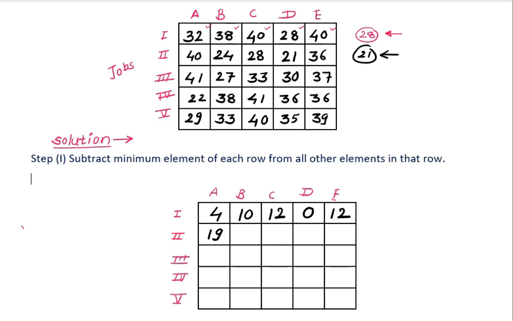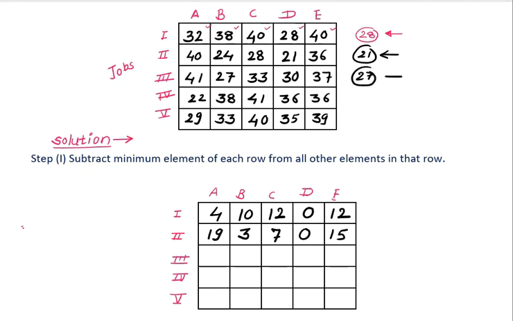Then 24 minus 21 is 3. 28 minus 21, 7. 21 minus 21 is 0. 36 minus 21 is 15. Then what is the smallest number in the third row? 41, 27. 27 is the smallest number.